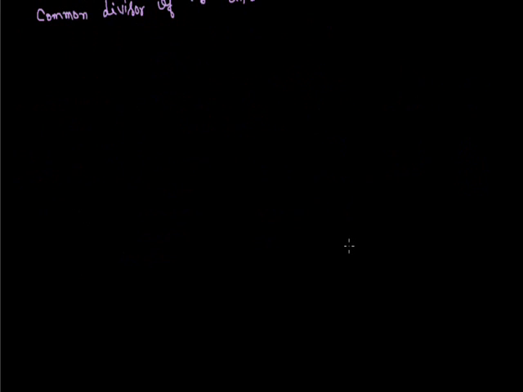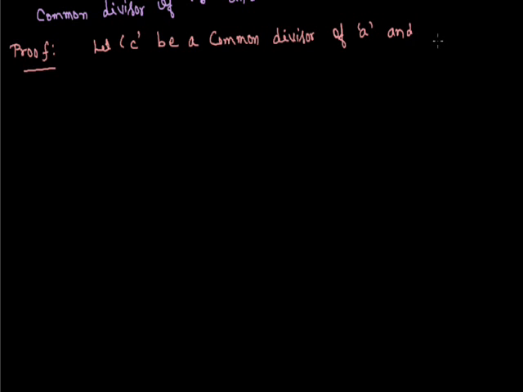Now proof of this Euclid division algorithm. Let C be a common divisor of A and B. Then C divides A, which implies that A will be equal to CQ1.